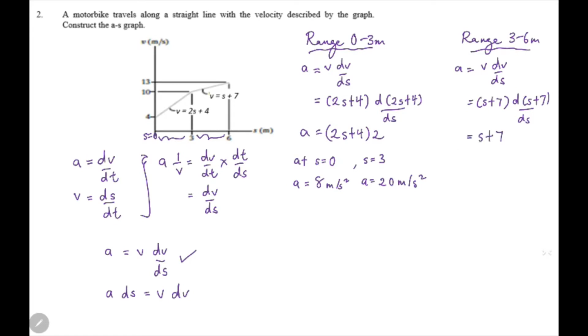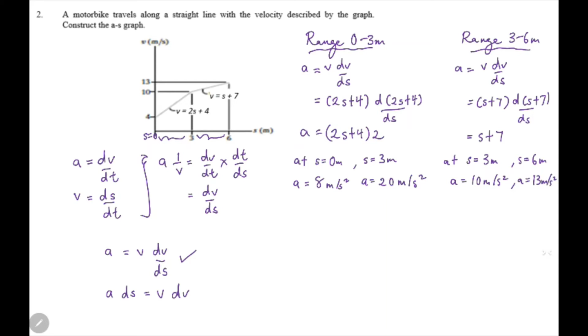Again, we find the values for acceleration at those points of 3 and 6 meters. At s equals 3 meters, we have the acceleration value at 10 meters per second squared, while at s equals 6 meters, we have the acceleration at 13 meters per second squared.